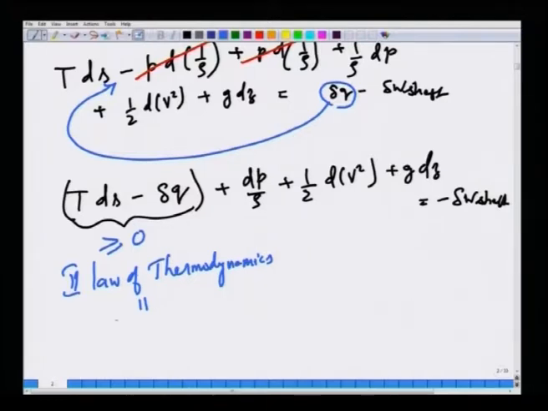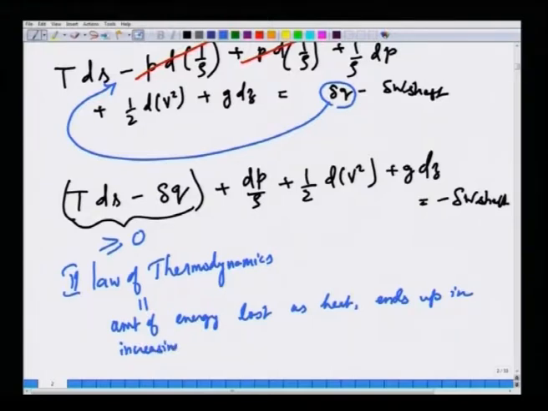This is the amount of energy that is lost as heat and ends up increasing the internal energy of the fluid.